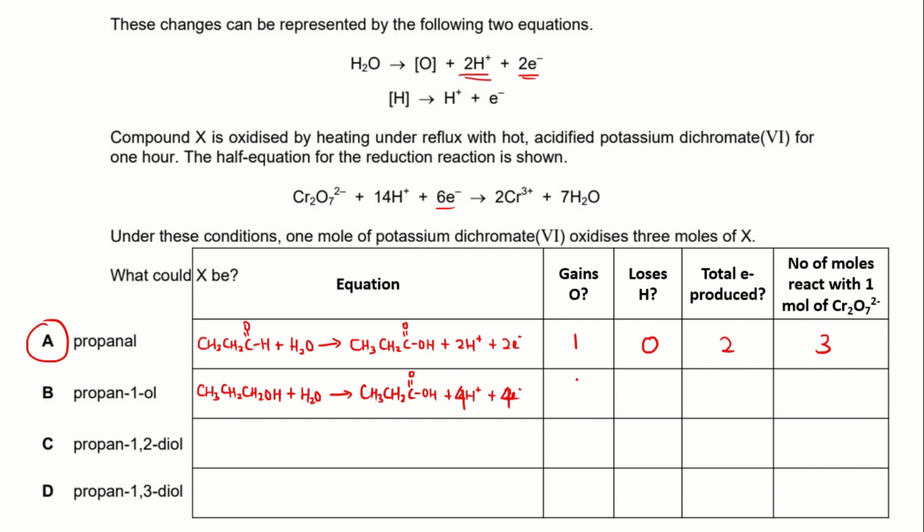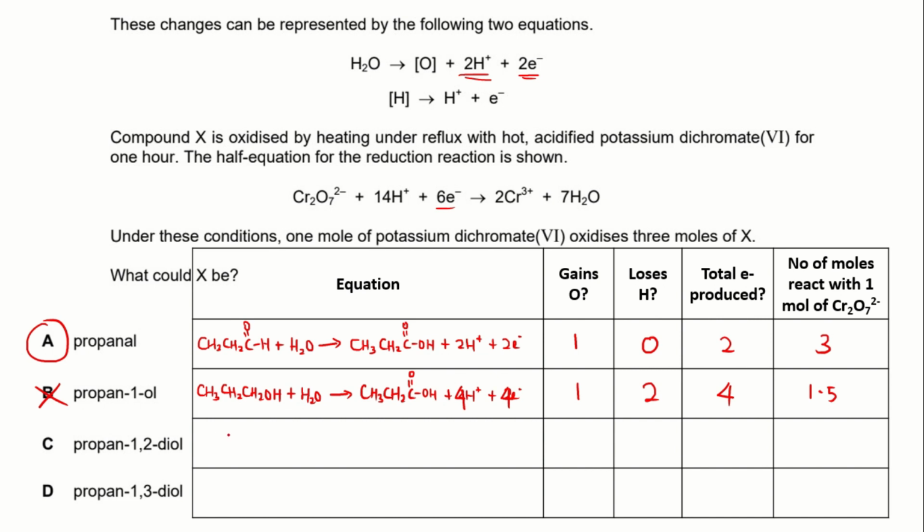So propan-1-ol gains 1 oxygen, loses 2 hydrogen atoms. The total number of electrons produced here will be 4. So we need 1.5 moles of propan-1-ol to produce 6 moles of electrons. So propan-1-ol doesn't react with potassium dichromate in the mole ratio of 1 to 3.